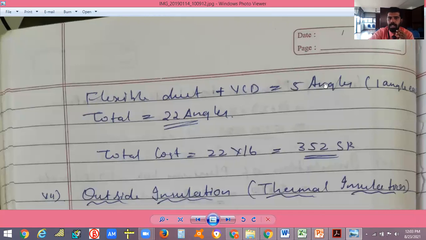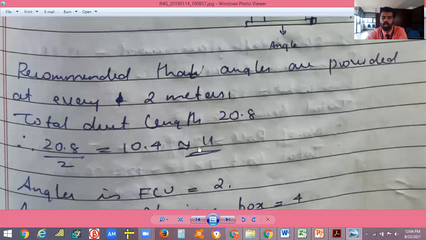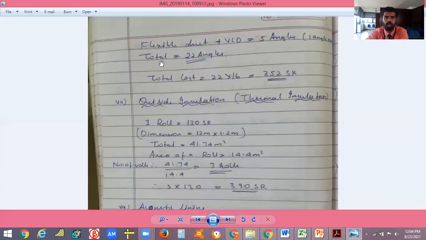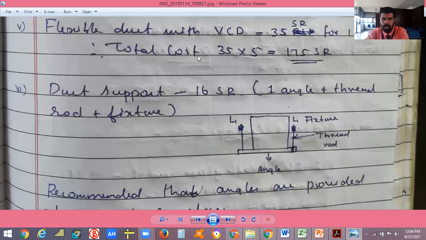So total: 5 plus 4 is 9, plus 2 for the FCU is 11, then the duct is 11. So 11 plus 11, 22. The total is 22 angles. Each duct angle or duct support costs 16 Saudi Riyal.